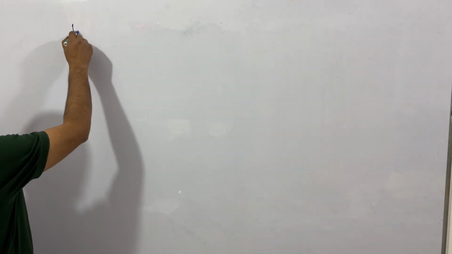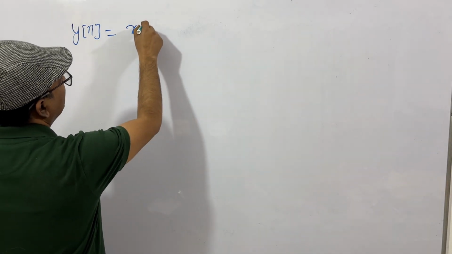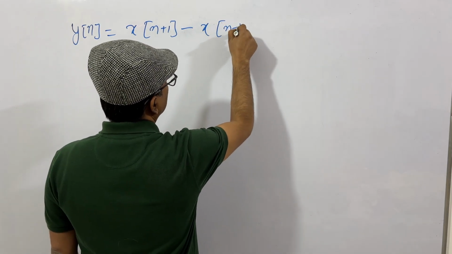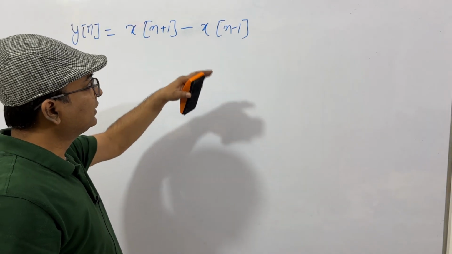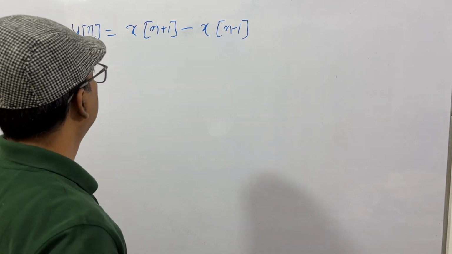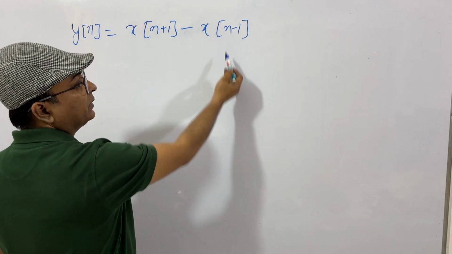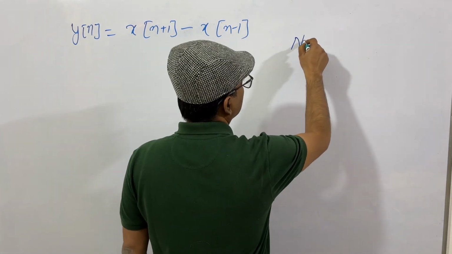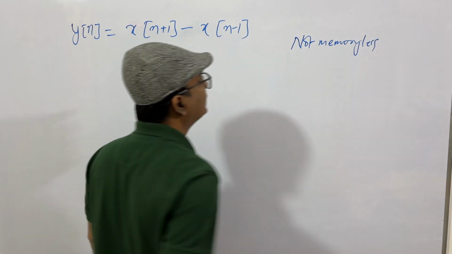Let's analyze another system where the output is given as x(n plus 1) minus x(n minus 1). Let's see what properties it possesses. Is it memoryless? No. It depends on a previous value, so it is not memoryless. Is it causal?